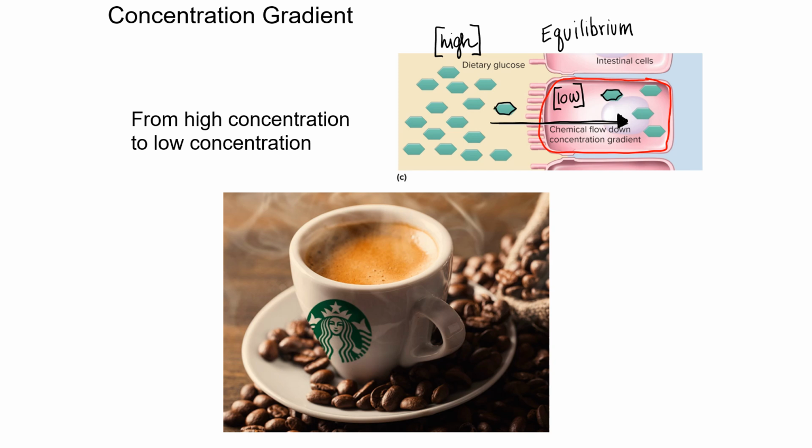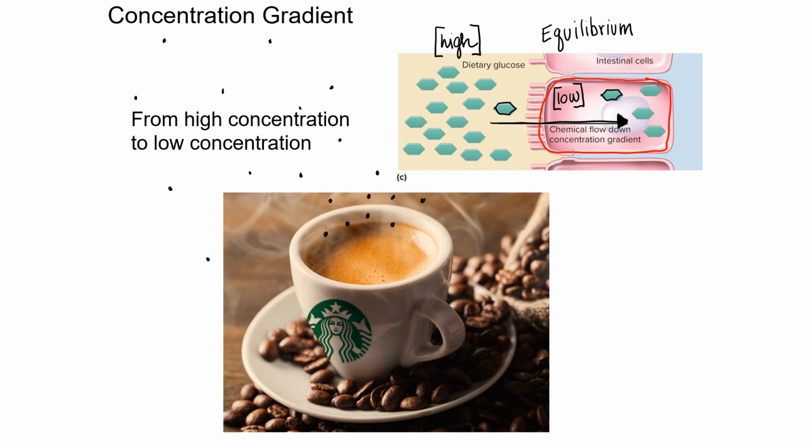Why do I have a luscious cup of coffee here? Because the smell of coffee or a citrus fruit or anything that your nose can pick up, the smell is molecules dissipating into the air. And of course, the closer you get to the coffee, the more molecules there are, and you can smell it.